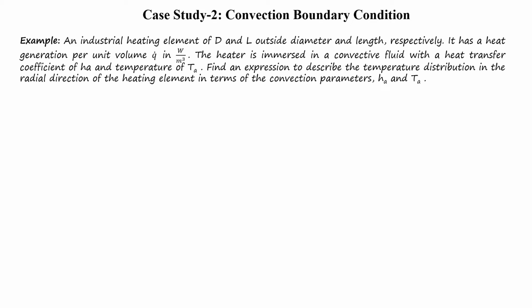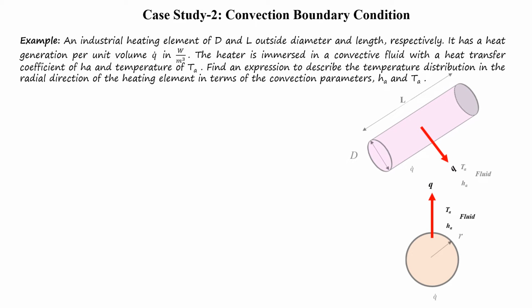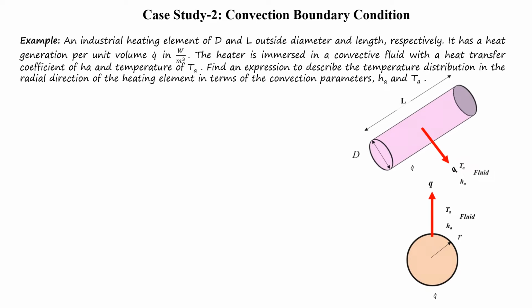We have here a solid cylindrical object with the outer diameter of d and length of l, which is a component with a heat generation per unit volume q dot, and it is exposed to the ambient fluid, which has the convection parameters h and T infinity, and we need to find an expression to describe the temperature distribution in the radial direction under steady state conditions.